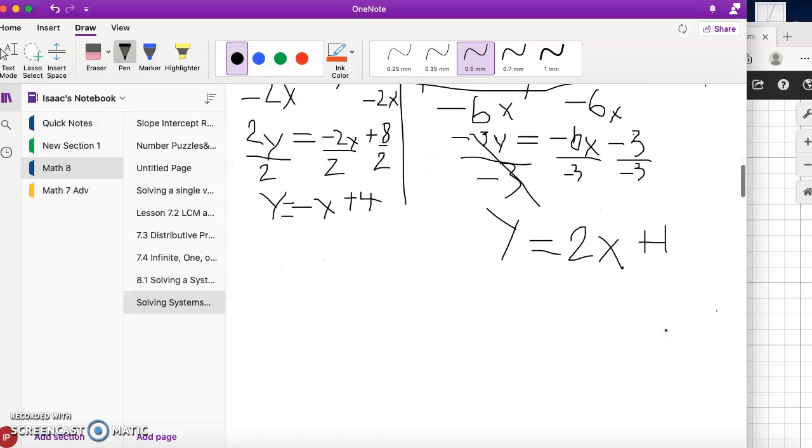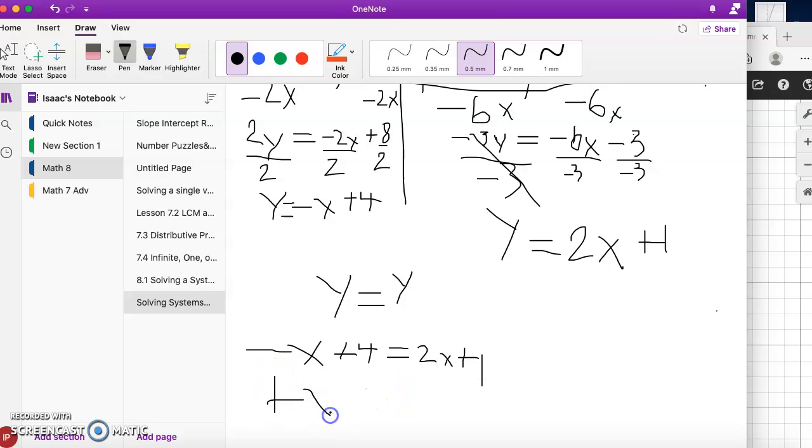Now, I'm ready for the step where I set them equal to each other. I can say y equals y, which means in this case, negative x plus 4 on the left equals 2x plus 1 on the right. Add x to both sides.